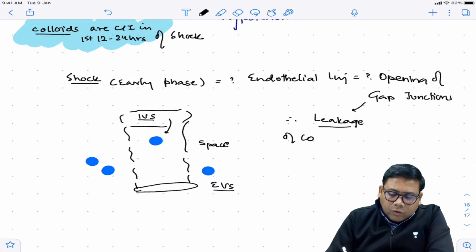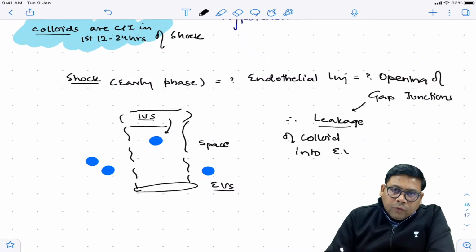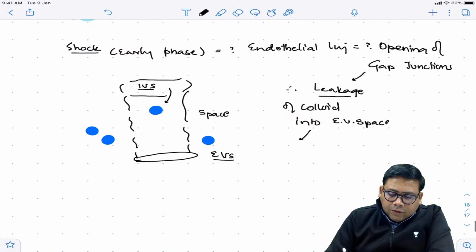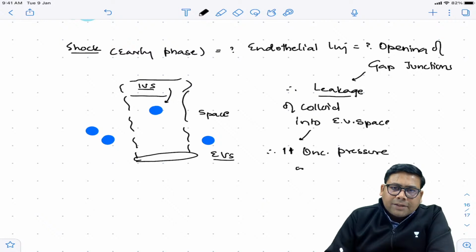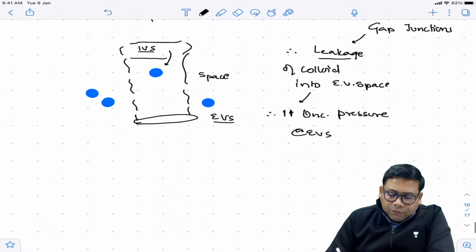There is leakage of colloid into the extravascular space. Do you know the colloids will do their performance? What is that? Therefore, there is an increase in oncotic pressure. But of what space, students? Of the extravascular space.